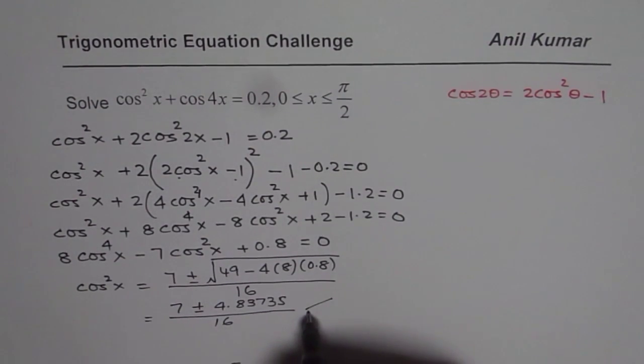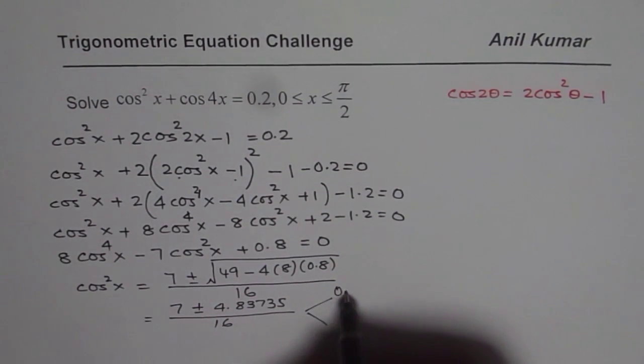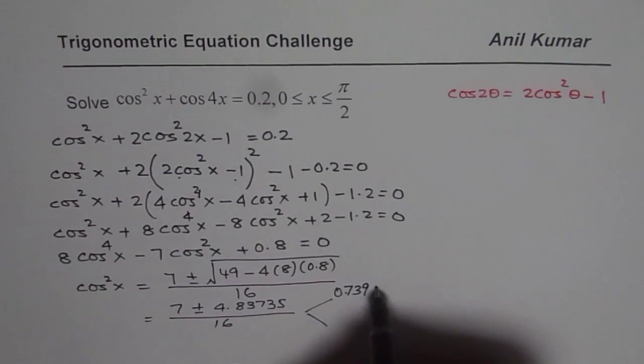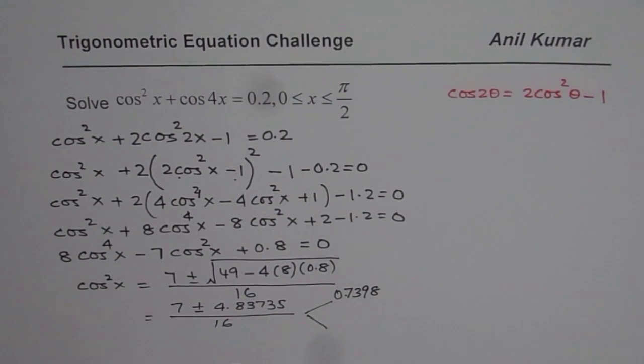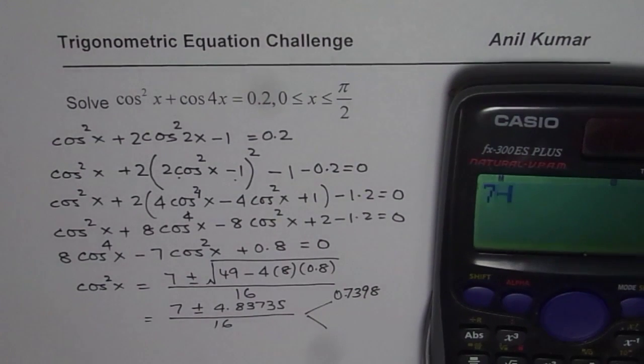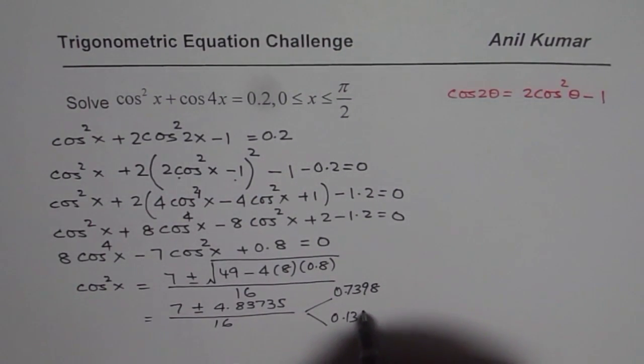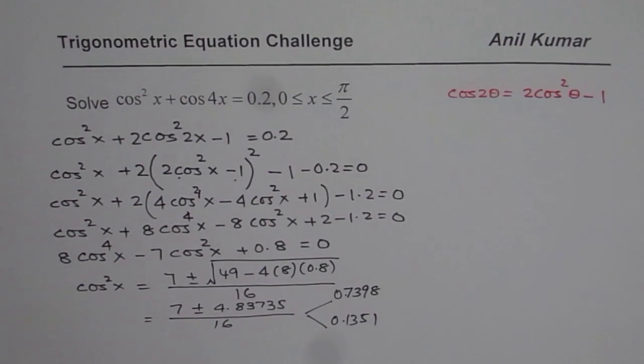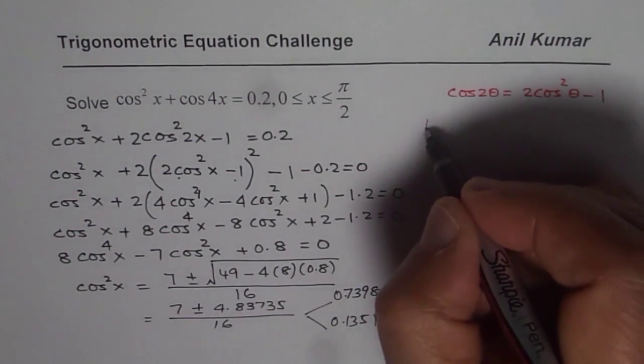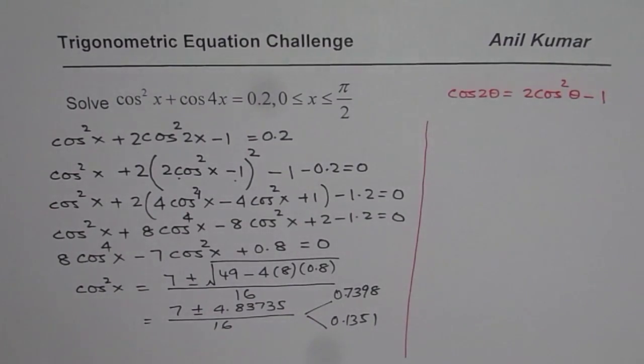So when I use plus, I get 0.7398, and when I use minus, I get 7 minus 4.83735, divided by 16, which equals 0.1351. Okay, so these are the values which I get for cos square x, correct?